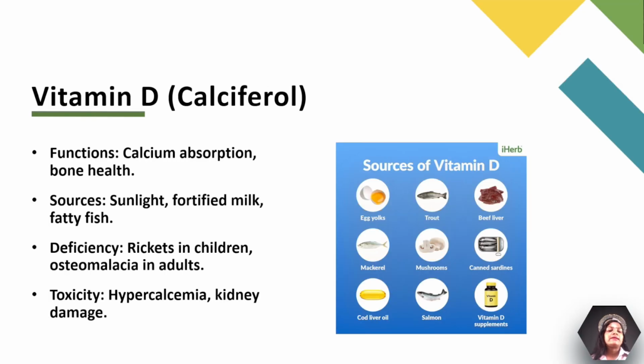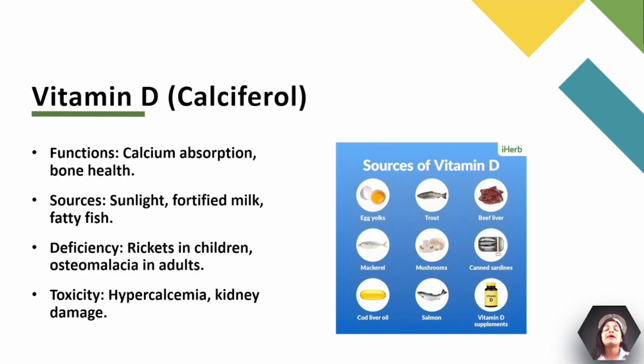Now talking about the second vitamin, that is vitamin D, also known as calciferol. Here you can see the different sources from which we can obtain it, like egg yolk, fruits, beef liver. Now coming to the function. The function of vitamin D is that it supports calcium absorption.